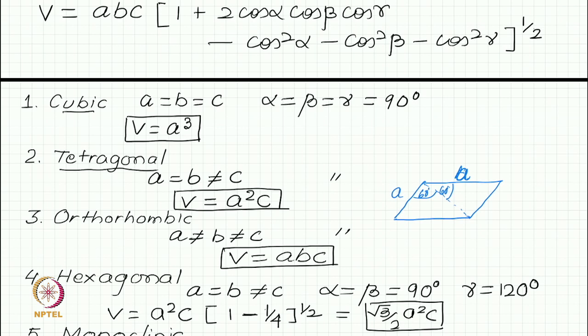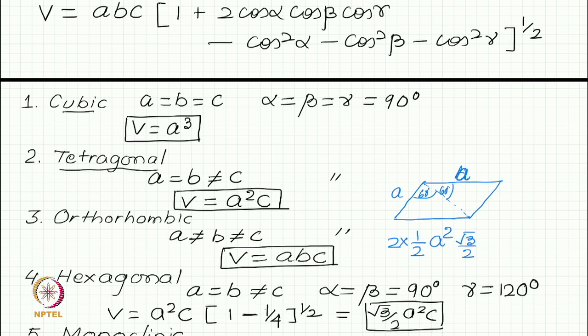So, the area of the triangle is half A B sine 120. So, sine 120 is root 3 by 2. So, that is the area of one triangle.